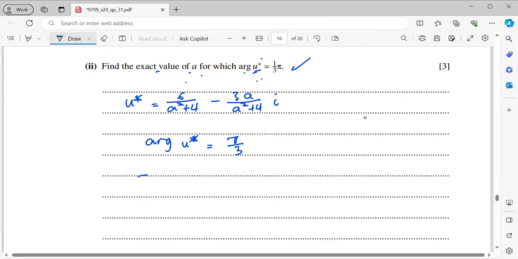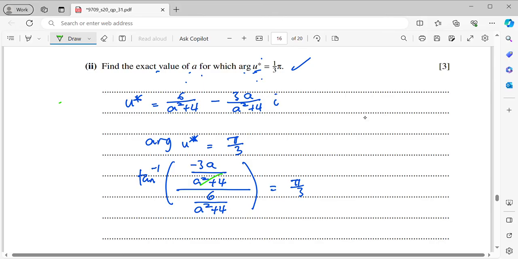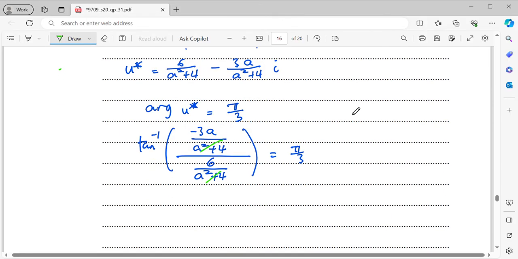So I will just write inverse tangent of negative 3a over a squared plus 4, this is our imaginary part, divided by 6 over a squared plus 4, the real part, equals pi over 3. Obviously a squared plus 4 can be cancelled off. Then this inverse tangent can be moved to the other side.